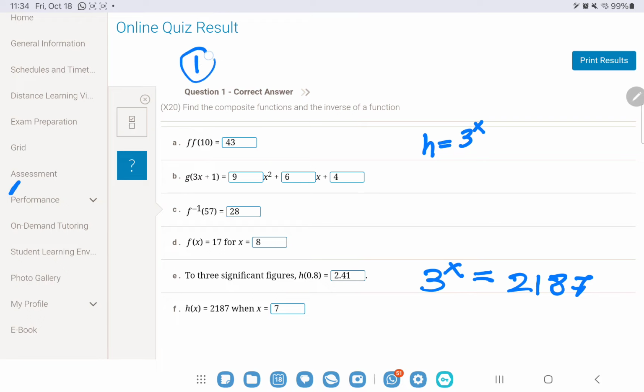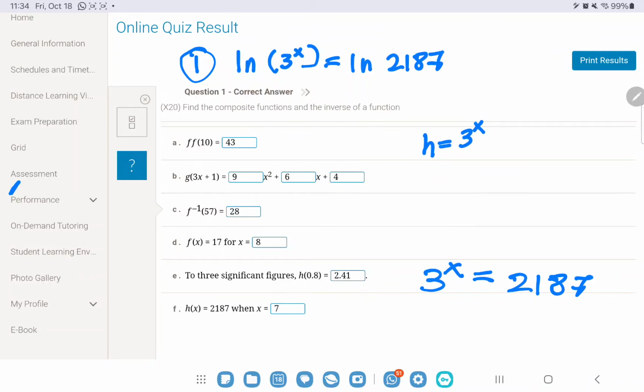Method 1 is the easy method, let's say, the one you could do on your calculator. So we have this button on our calculator that says ln. It's most likely going to be in your second row, last button. This function lets you find out what the powers are. So ln of 3 to the power of x is going to equal ln of 2187.